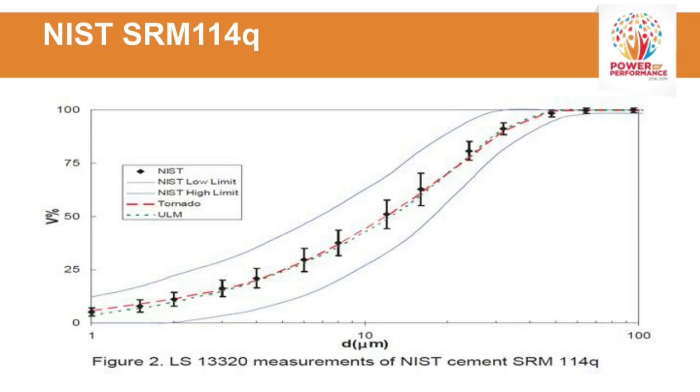What we did here is run both the Tornado dry module and the universal liquid module. The dry module is the dotted or dashed red line, and the universal liquid module is the smaller blue dots. And you can see they're well within the error bars of the standard itself.